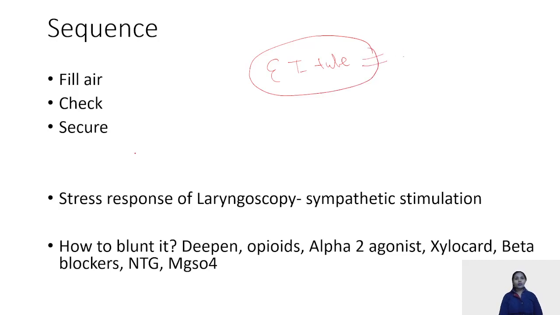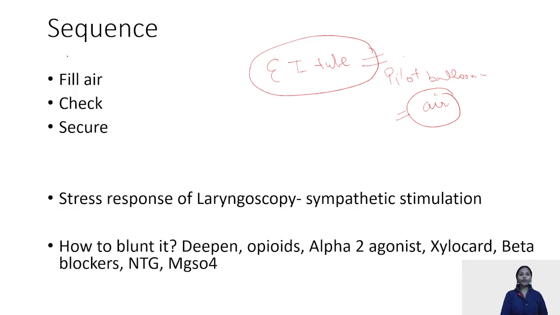Now the sequence is, once the endotracheal tube is inserted, done. Now what are you going to do? You have to fill the endotracheal tube's pilot balloon with air. The sequence is fill it with air first. The first is you have inserted the tube.